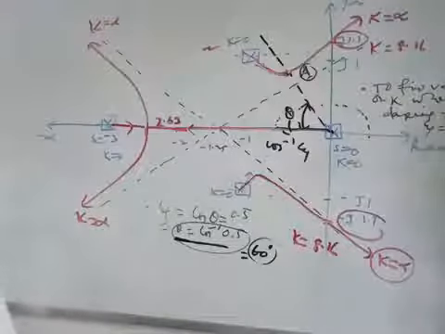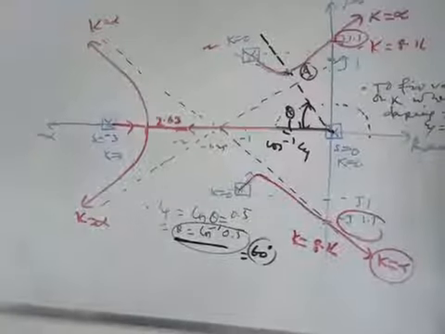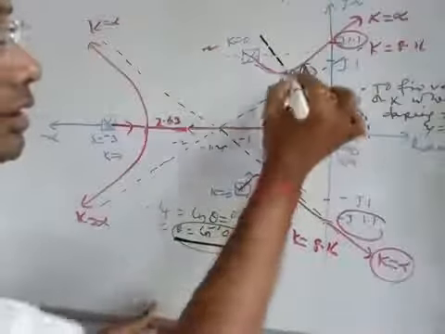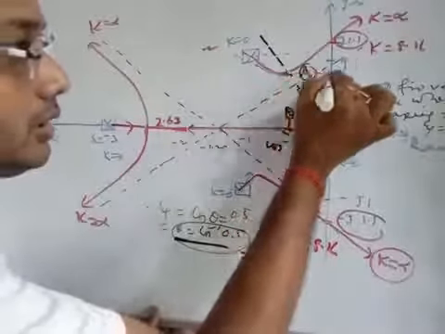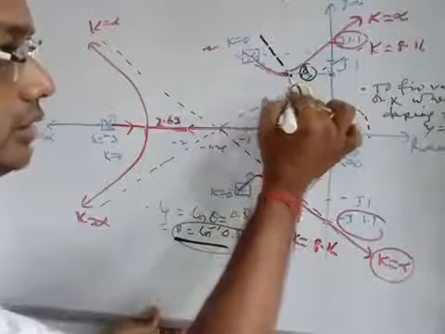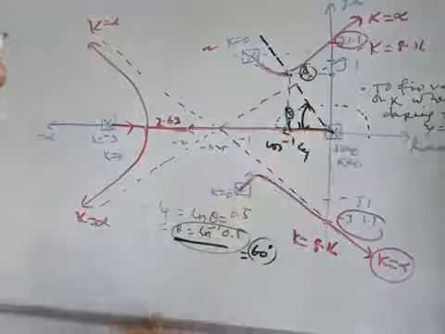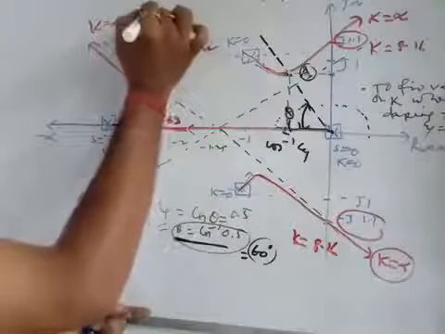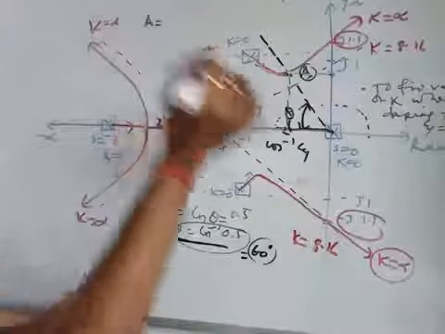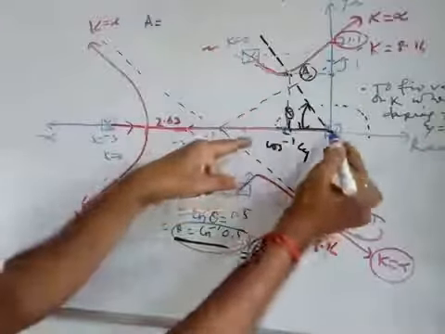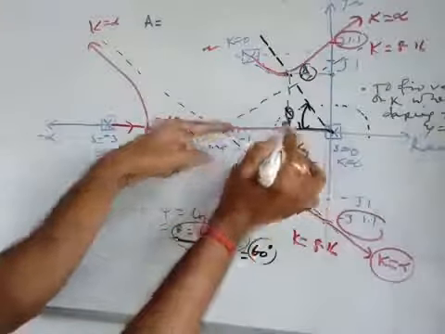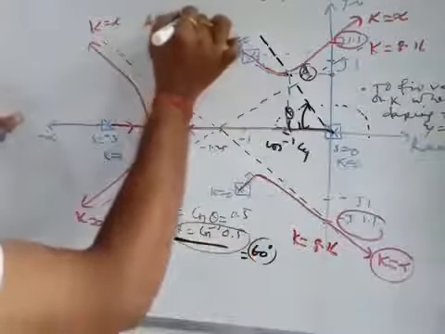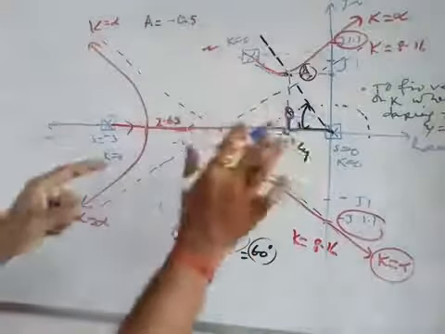How can the point be determined? This is your imaginary axis and this is your real axis. The coordinate of point A is something like, if this is 0, this is -1, so in between, maybe -0.5. You have to measure this value exactly.